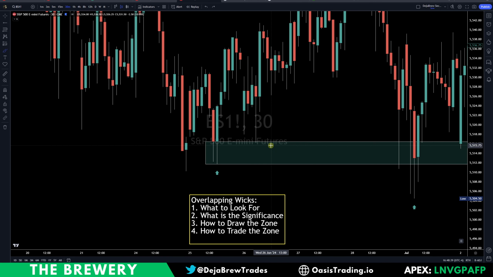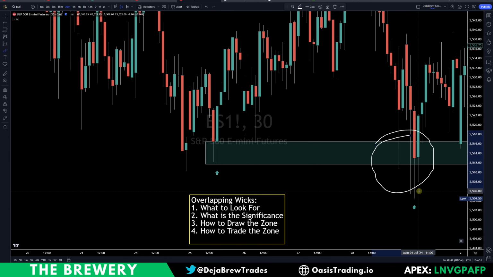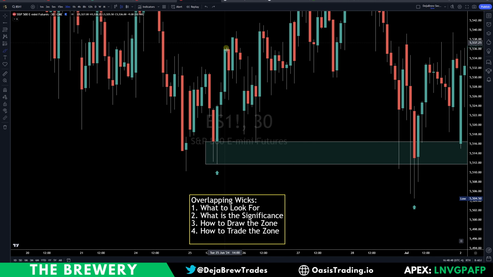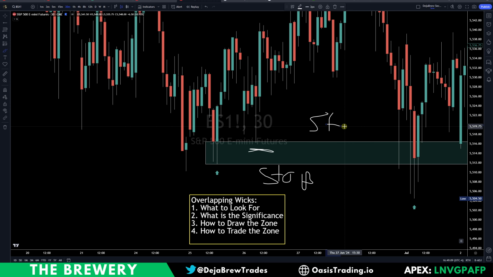It's not always going to be that perfect. Typically you'll see a retest kind of like this one over here, where you go back into about 50% of the zone, 50% of the wicks. But in this case, it was a perfect retest. So typically, whenever the price is re-entering our buy zone or our sell zone, we want to take that trade and then put our stop loss below that zone if it's a buy zone, or above that zone if it's a sell zone.